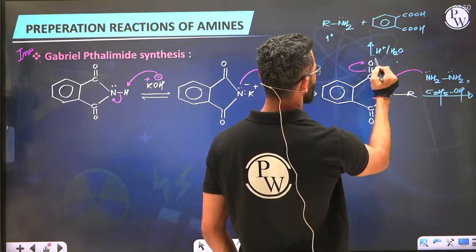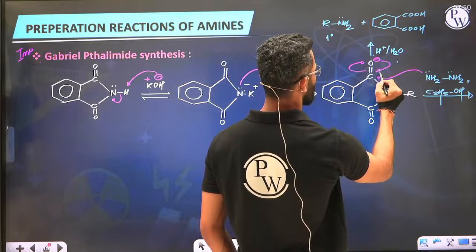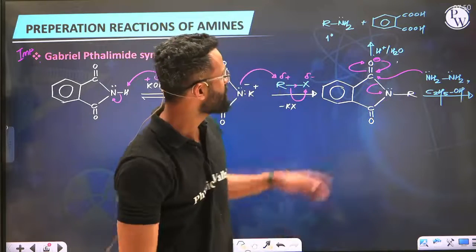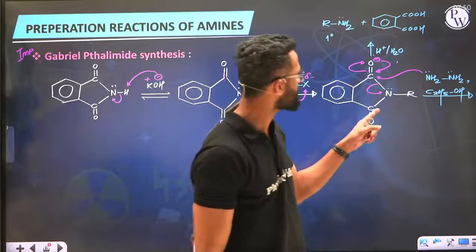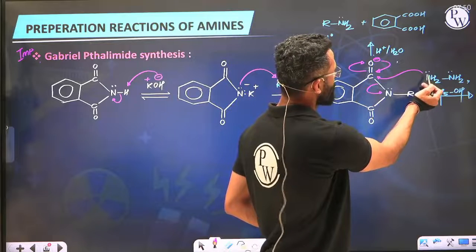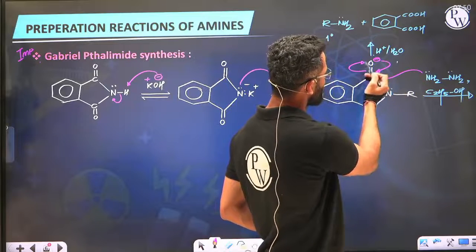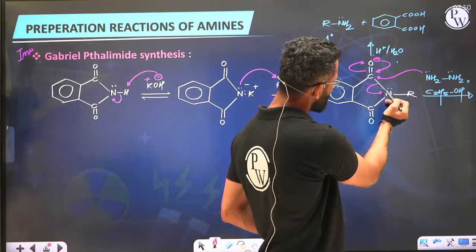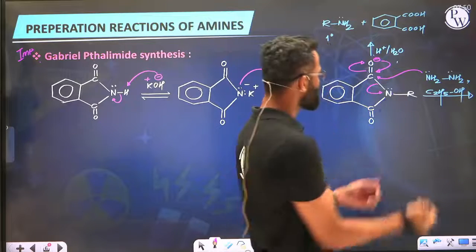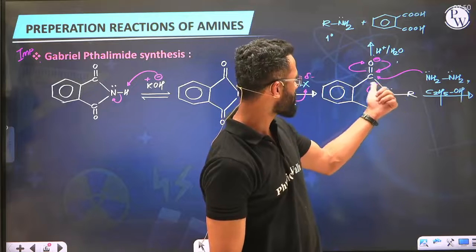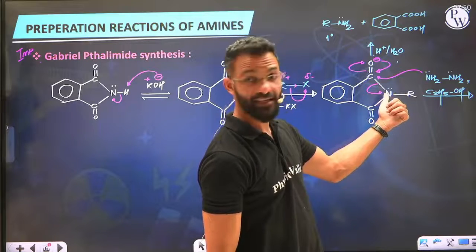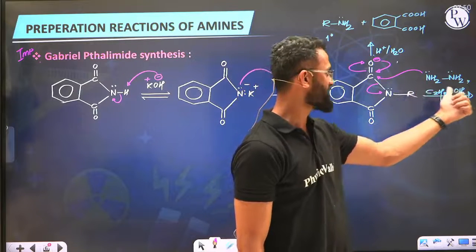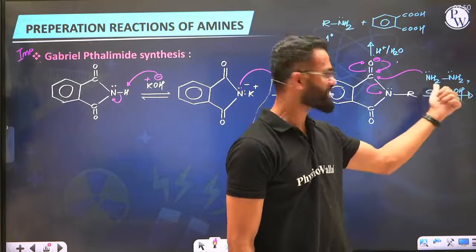This bond will break to make it O minus. O minus will come back because this is a leaving group, restoring the pi bond. So this leaves a bond pair on the nitrogen. This N already has one lone pair, so if this bond pair comes, it becomes N minus. That N minus will accept H from either the solvent or from this nitrogen atom.